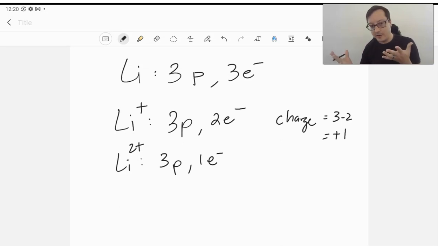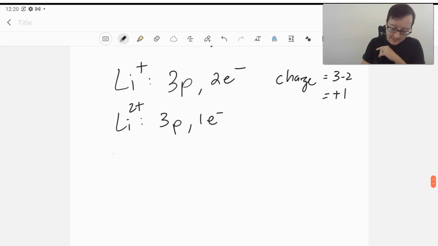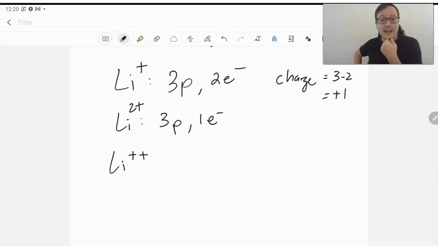Again, this is something weird about the chemists, but we put the number before the sign. In physics, of course, you would never do that, but in chemistry, we do. Less commonly, sometimes in biology, although it is not acceptable in chemistry, you might see it written like so: Li++ for a lithium 2+ ion.